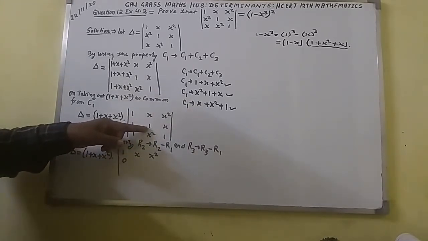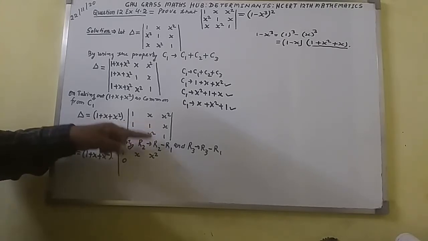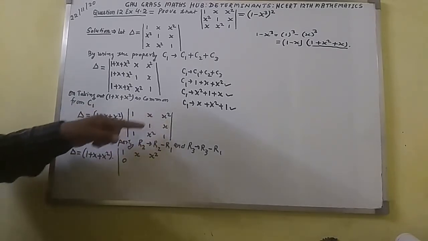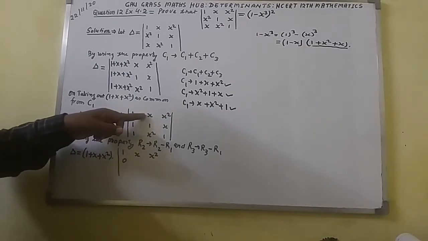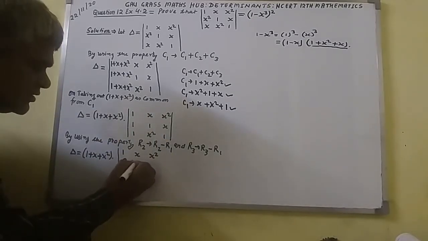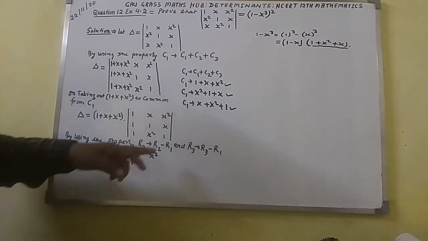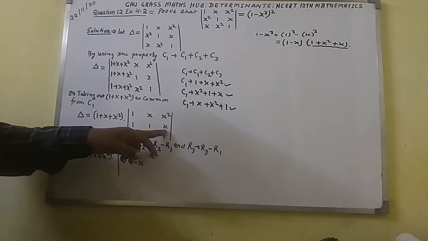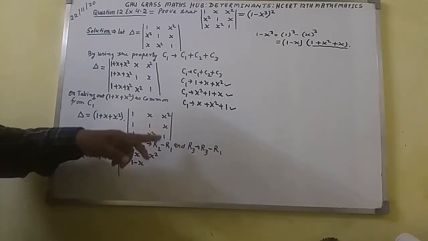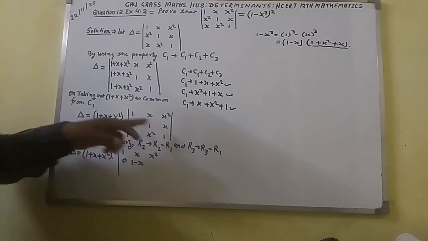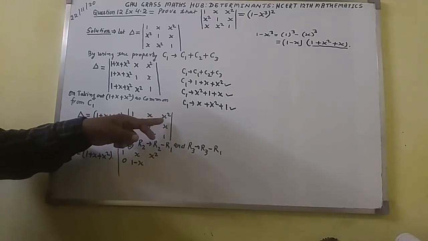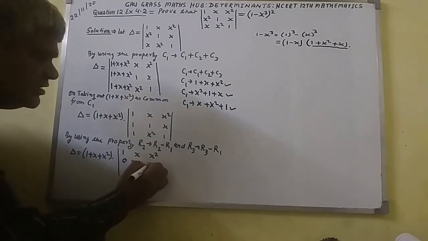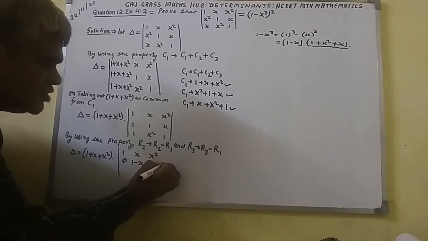If I take the element of R2 as 1 minus the corresponding element in the first row, which is x, I write 1 minus x. If I take the element of R2 as x, the corresponding element in the first row is x square, so I write x minus x square.